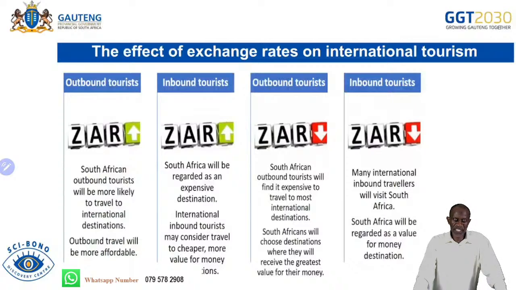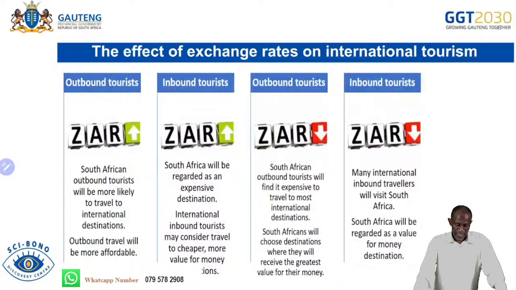The next item for discussion will be the effect of exchange rates on international tourism. This will be discussed under the following headings: outbound tourists and inbound tourists, respectively. So here are the effects. A South African outbound tourist will be more likely to travel to an international destination.